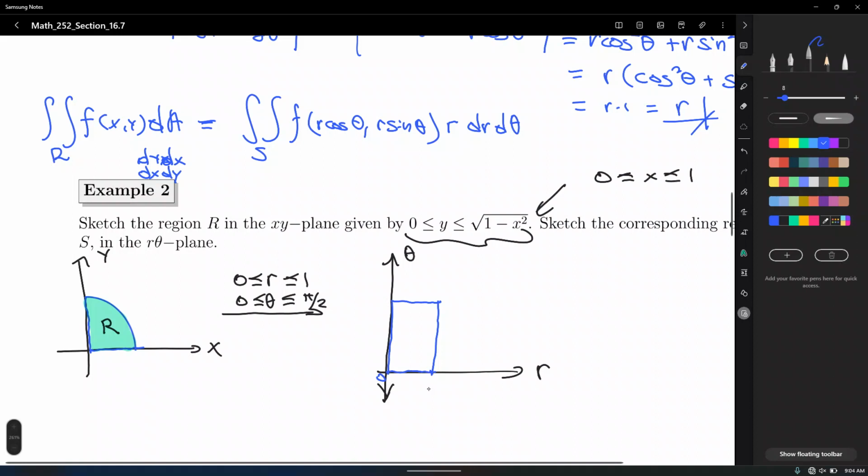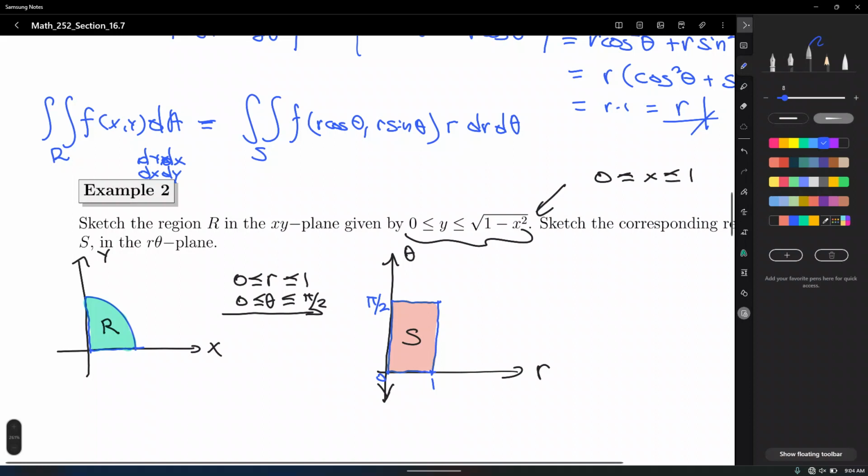So, that's 0 to 1, that's pi over 2. All right? Let me shade the region a different color, and let me call this our region S.